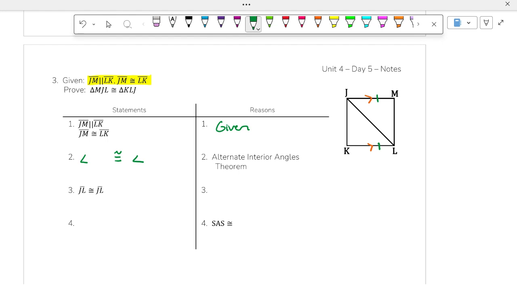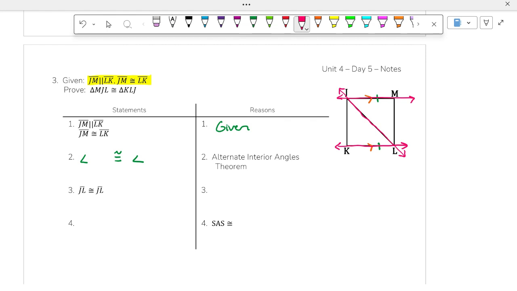Now, they said alternate interior angles. To make this a little easier, think about these lines as we typically see them, because they already said that they're parallel. If it helps, extend the lines. Now, this diagonal that they have here would be the transversal. So if I'm talking about alternate interior angles, what do I mean by that?